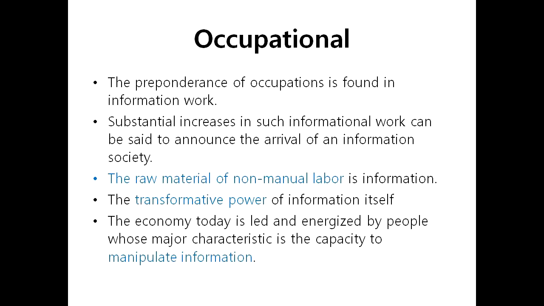The third criteria is occupation. The preponderance of occupations is found in information work these days. So, substantial increases in such informational work can be said to announce the arrival of an information society. The raw material of non-manual labor is information, and the information itself has transformative power.